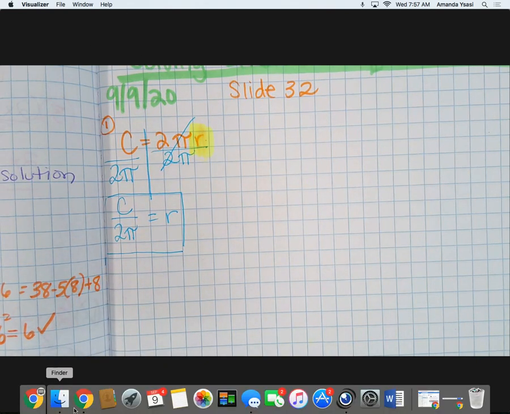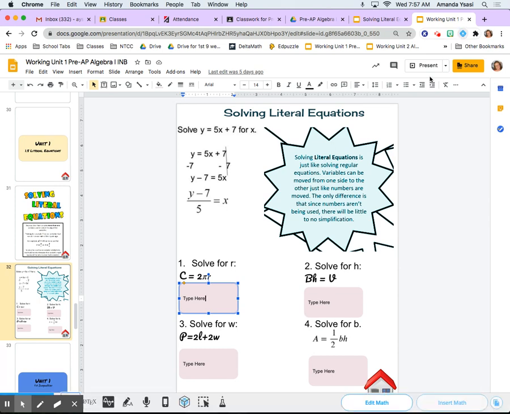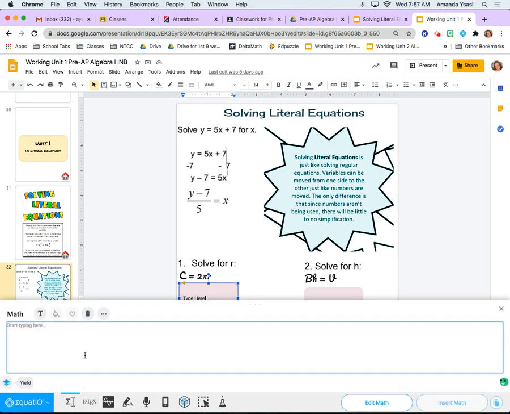Okay, so let's type here. Oh, we need to do the math, don't we? Do y'all remember Equatio? That extension up at the top, click on Equatio. So we can type this in as C divided by, oh, I need to do an uppercase C. C divided by 2, how do I do pi?